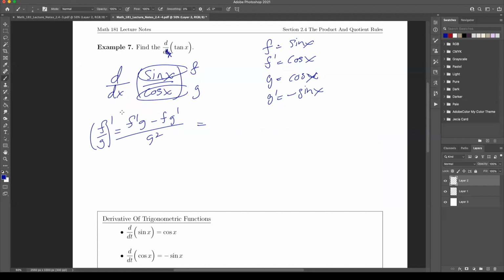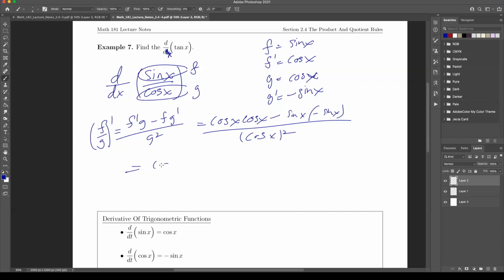I'm going to do this very slowly because apparently I'm getting myself confused. F prime is cosine of x, times g, also cosine of x. And then here we're going to have minus f, which is sine of x, times minus sine of x, all over cosine of x squared.